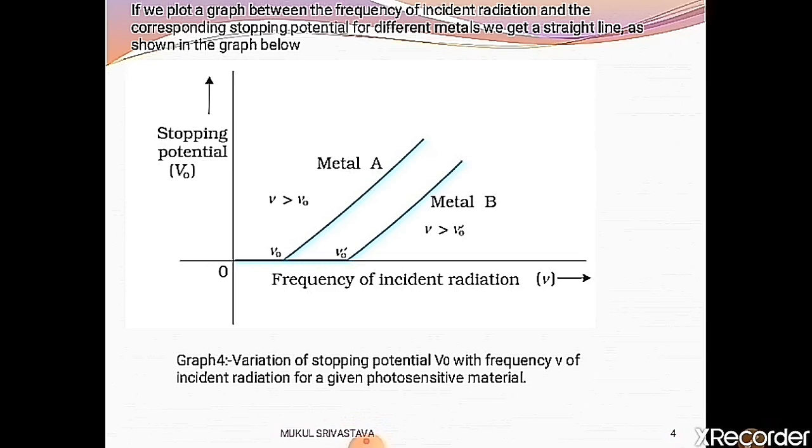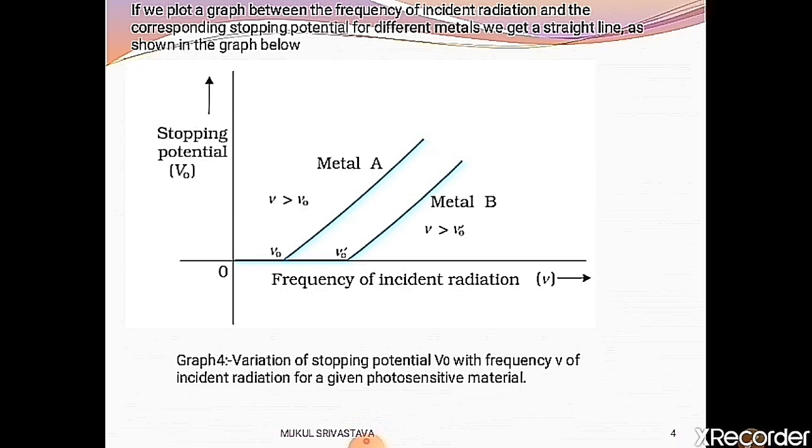Now if you take two photosensitive metals A and B, with cutoff frequencies nu naught and nu naught dash, we find that there is a certain minimum cutoff frequency nu naught for which the stopping potential is 0. For metal A, at the frequency nu naught, the stopping potential is 0.